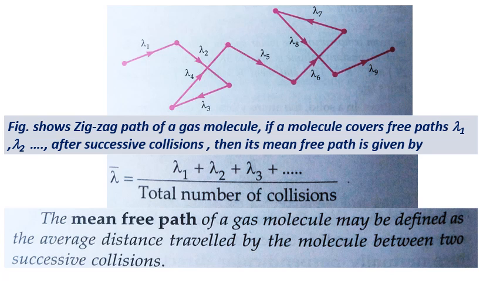If a molecule covers free paths lambda 1, lambda 2, lambda 3 and so on after successive collisions, then its mean free path will be given by the sum of these, lambda 1 plus lambda 2 plus lambda 3 and so on, divided by the total number of collisions. Or in simple words, the mean free path of a gas molecule is the average distance traveled by the molecule between two successive collisions.